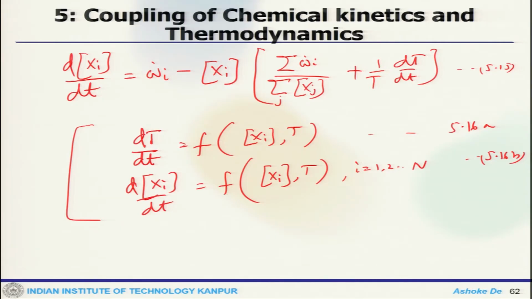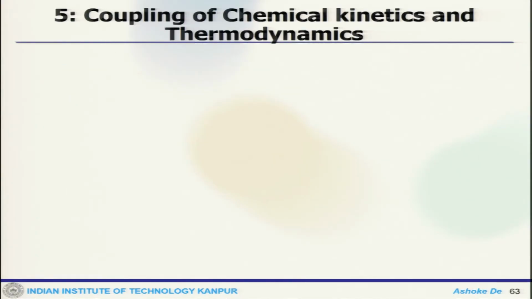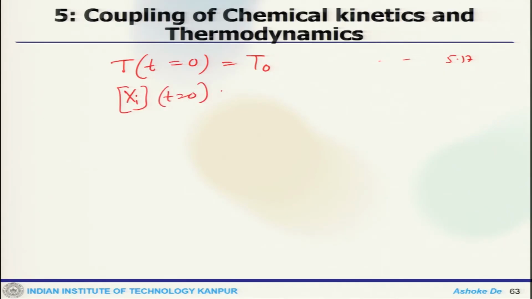These equations are subject to initial conditions, where T at t = 0 is T naught, and the concentration at t = 0 equals Xi naught. So, this is A and this is B. Now, the functional forms of these two equations are obtained from equations 5.10 and 5.11, which give the enthalpy, and equation 5.12 gives the volume.